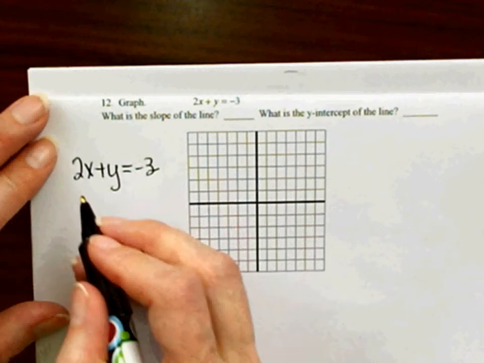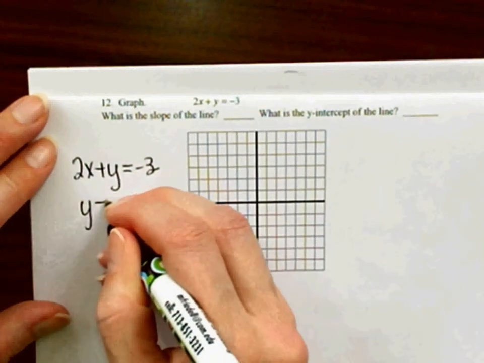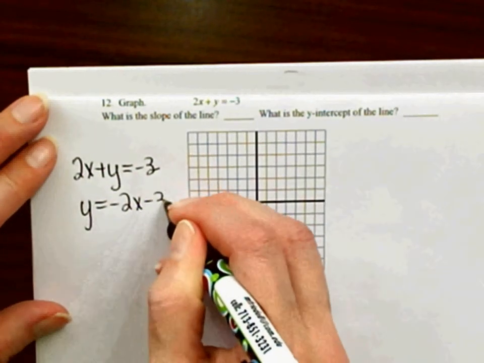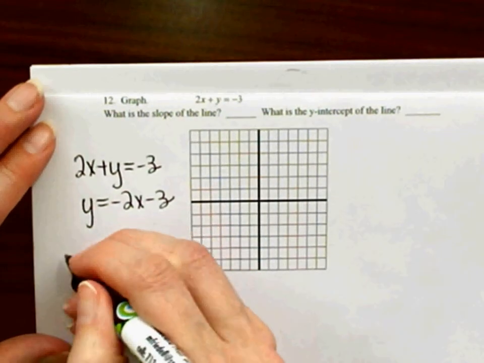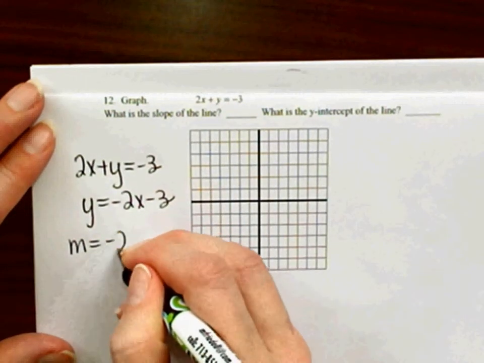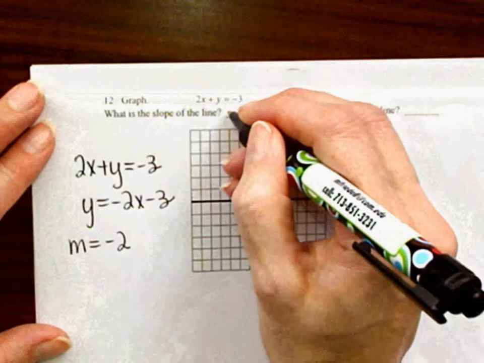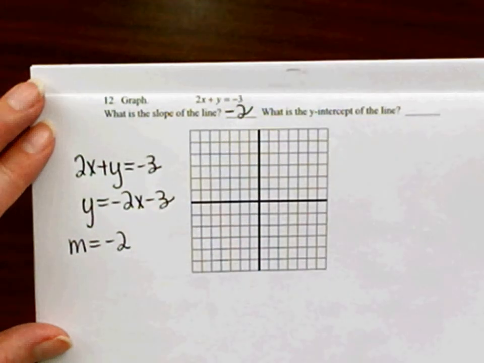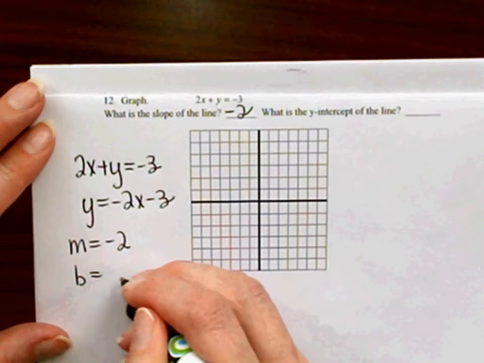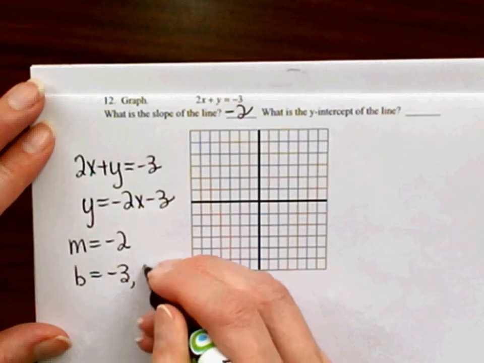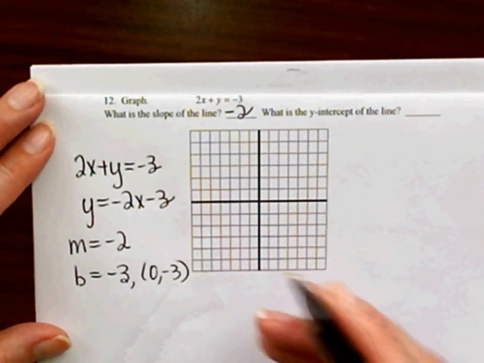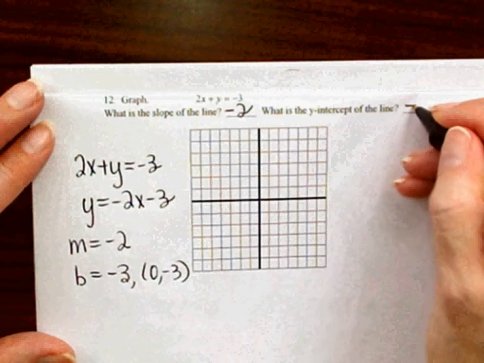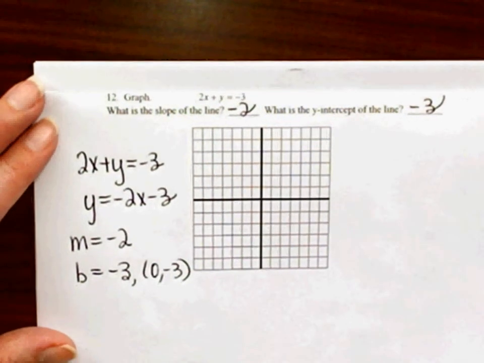I need to subtract 2x, so y is going to equal negative 2x minus 3. My slope is going to end up being negative 2. Y-intercept, negative 3. Some of you need to see that as an ordered pair, so (0, negative 3).